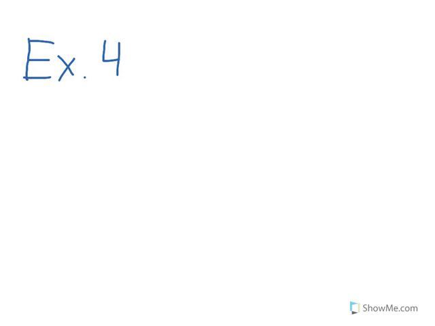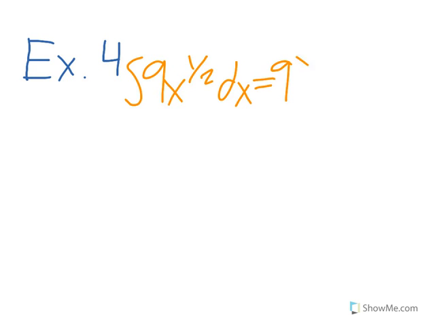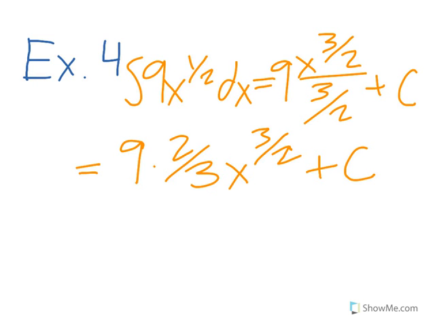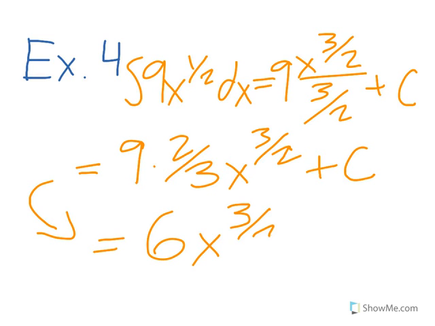Alright, example 4 is the integral of 9x to the 1/2 dx, which equals 9x to the 3/2 over 3/2 plus c, which then goes to 9 times 2/3 x to the 3/2 plus c, which then reduces to 6x to the 3/2 plus c.